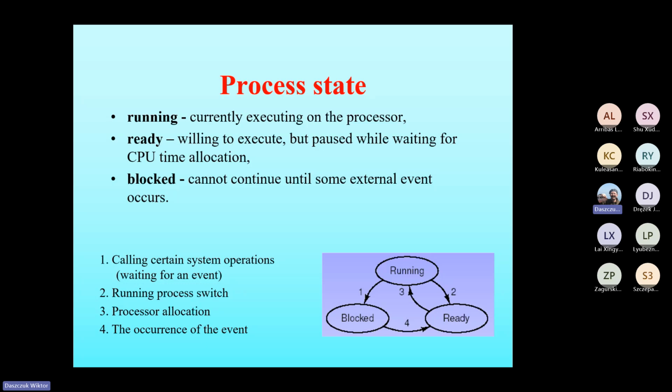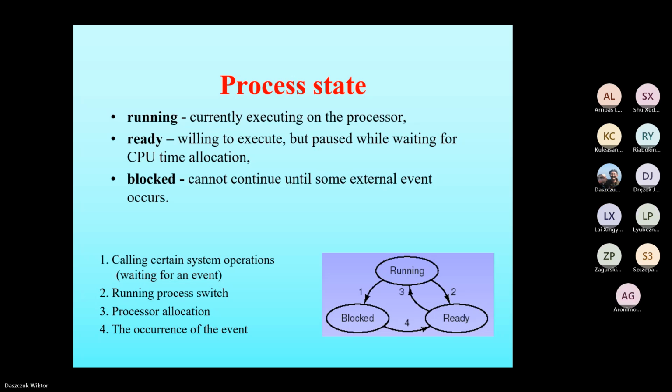Different levels of the operating system are responsible for unblocking. For example, if we wait for opening a file, it is the responsibility of the file system level. If we wait for enlarging memory, it is the memory allocation level, and so on.